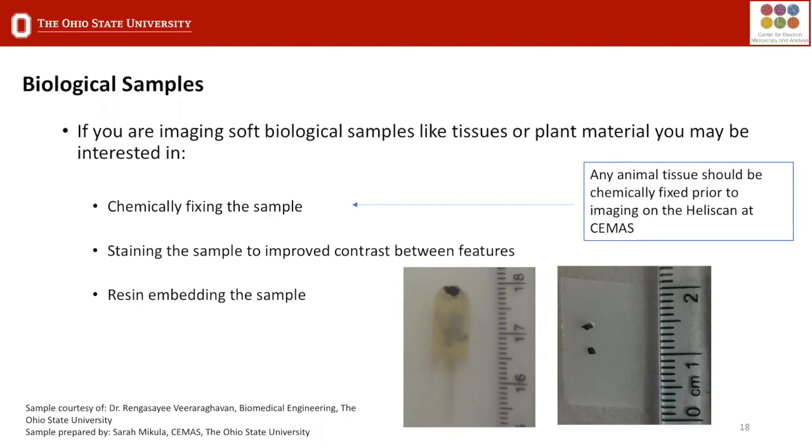It was possible to get a tomogram with a voxel size of about 880 nanometers from the sample on the left. However, we wanted to see what we could see with a smaller voxel size. So we cut off two small pieces from the top of the sample, chose one of those pieces and glued it to the end of a pipette. Then I rescanned it on the HeliScan with a voxel size of 420 nanometers.